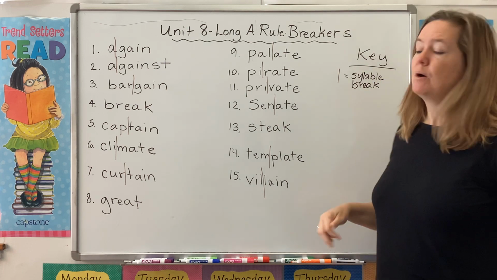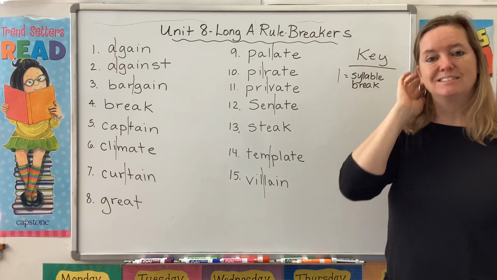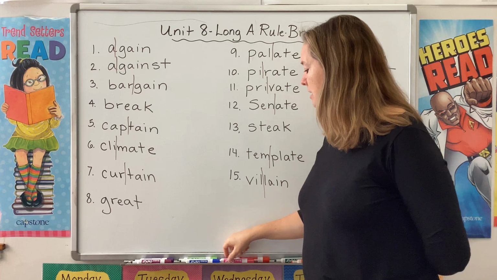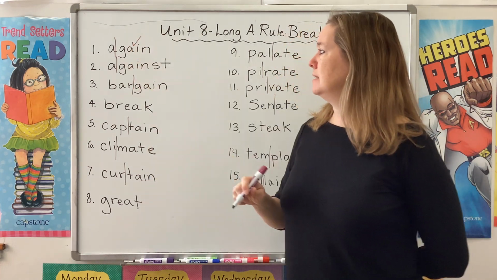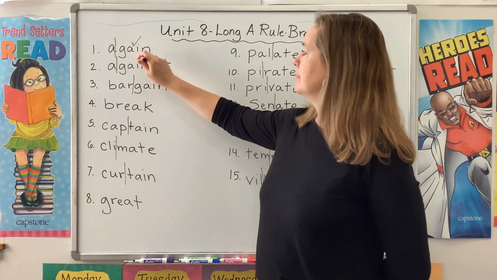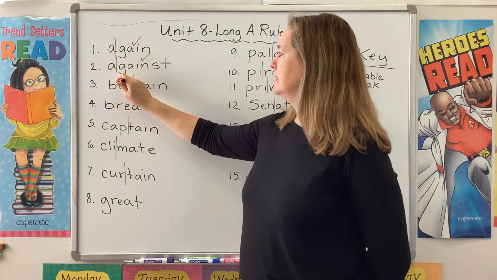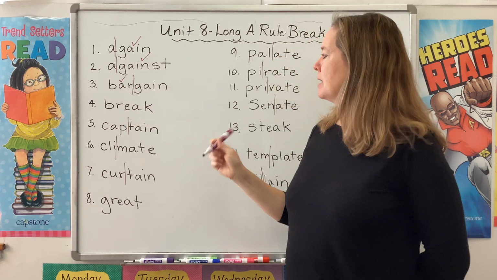All right, now let's go through our words and we're going to check off the stressed syllable. That's the part that we say a little bit louder and stronger. So we have the 2nd syllable in again, against, 2nd syllable, bargain, 1st syllable. We're going to skip the 1 syllable words.